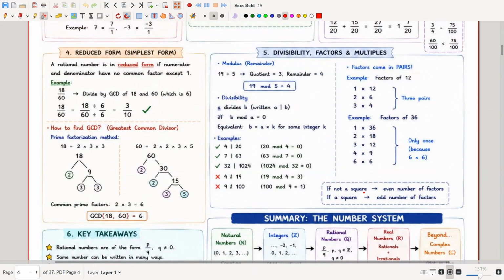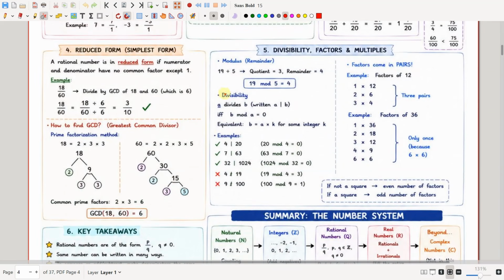And a rational number can also be denoted in the reduced form. See here, 18 by 60, you can divide it in the 6 table to get 3 by 10. So this is what we call as the reduced form of a rational number. And you can also find the greatest common divisor by using the prime factorization method.